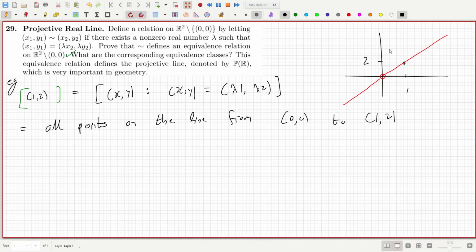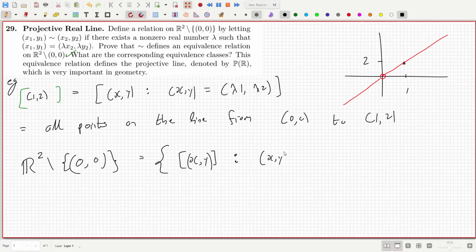So I guess if that's the case, you can partition R squared into the equivalence classes of (x, y) where (x, y) is on the unit circle.